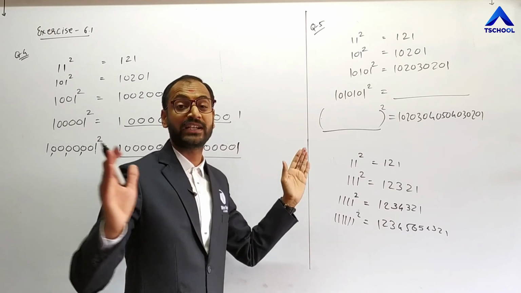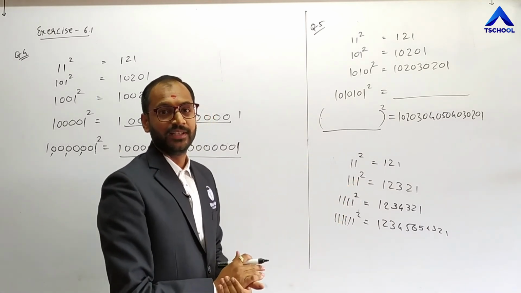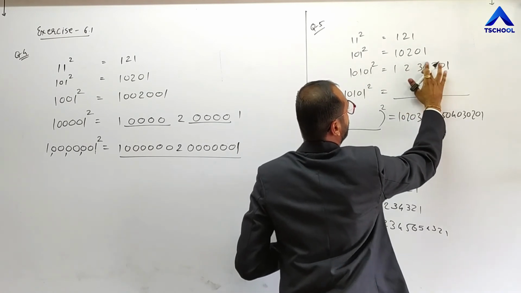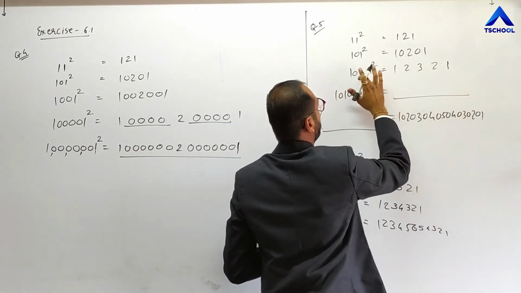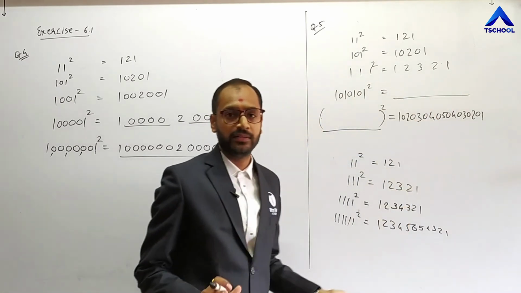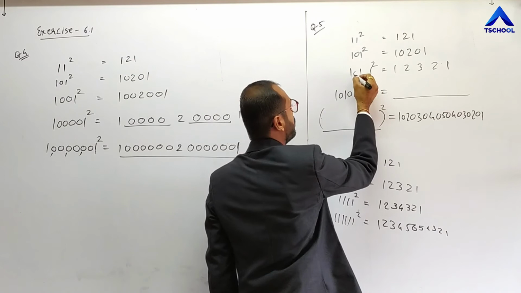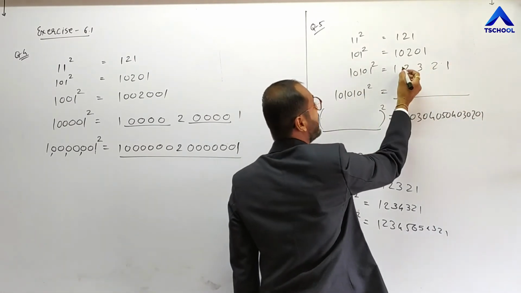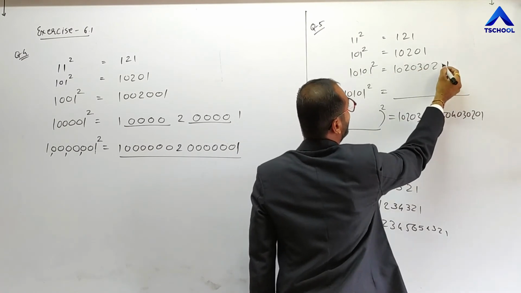That means no ones are continuous. So we get a series. Hide the zeros first. What happened? Triple 1 square, that means 1 2 3 2 1. Here is 0 in between two continuous 1s. That means we have to put zeros in between the continuous series.